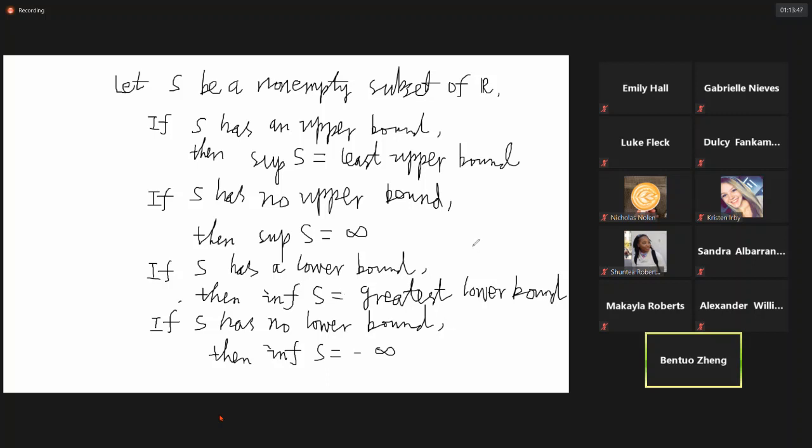All right, so let's use these definitions to work on a few examples.